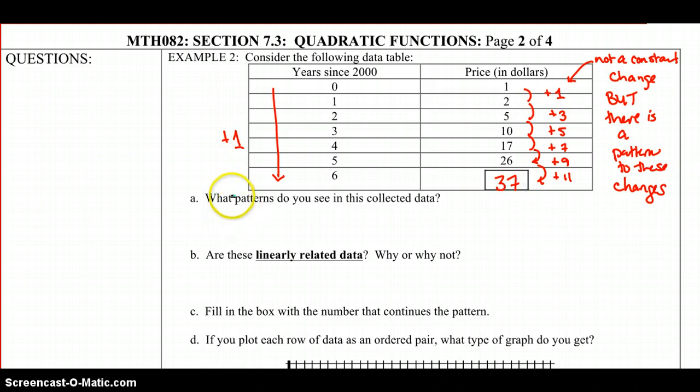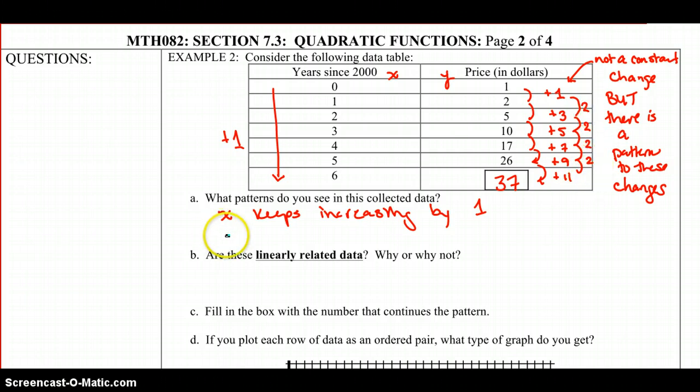Okay, so the patterns here that we see, again, if we want to call these X and Y, X keeps increasing by 1. And now over here in the Y's, we didn't have a constant increase, but these changes all had a constant change.